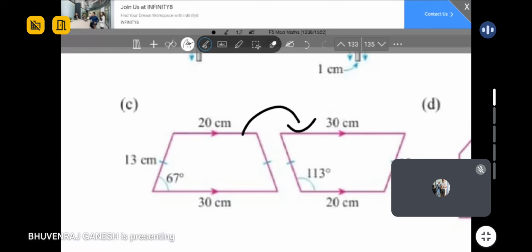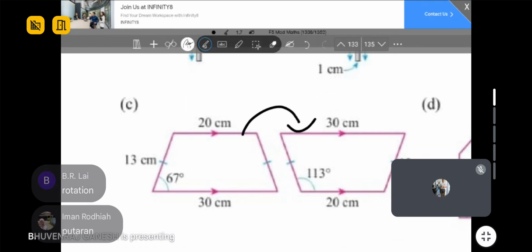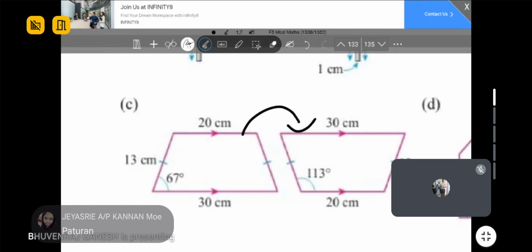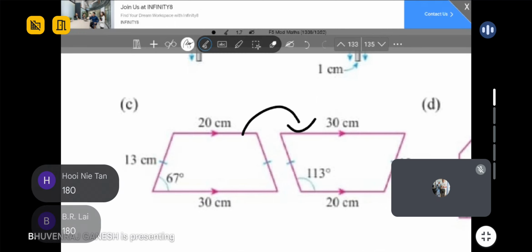Apa transformasi yang sedang berlaku kat sini? Siapa boleh bagi tahu? If you can see carefully lah. Okay, can. Rotation can. How many degrees? Berapa darjah? Very good. 180 darjah. Okay, means you all understand lah.